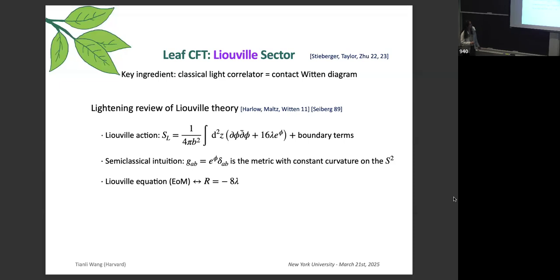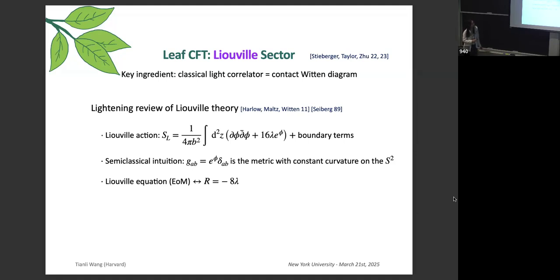The semiclassical intuition for this theory is that e to the phi gives the metric with constant curvature on the sphere that we put the theory on, where the constancy is imposed by the Liouville equation, which says the curvature equals -8 lambda, where lambda here is the cosmological constant.